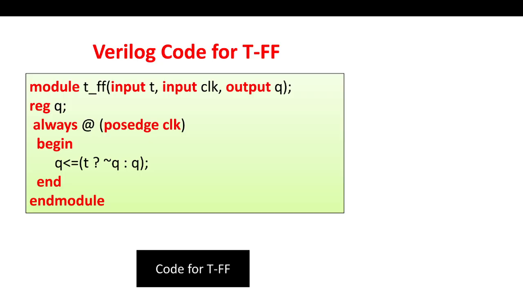So the Verilog code for the toggle flip-flop is here again. Now we will use a ternary operator, and this assignment statement is a non-blocking assignment.